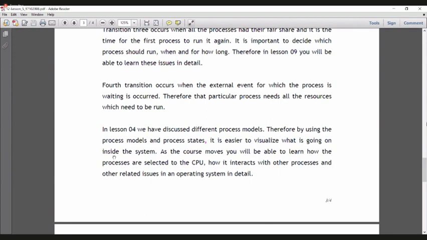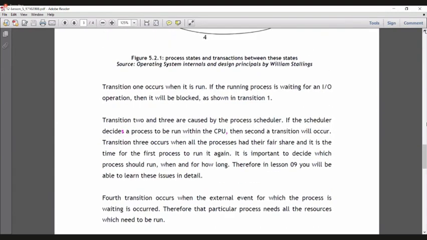So this is a very simple thing. In this last lesson we discussed different process models, the 2-state model and the 5-state model, right? Therefore, by using the process models and process states, it's easier to visualize what is going on inside the system. If you diagrammatically represent it, then for us humans it's easy to visualize what is happening. But inside the computer program, you don't have these nice diagrams.